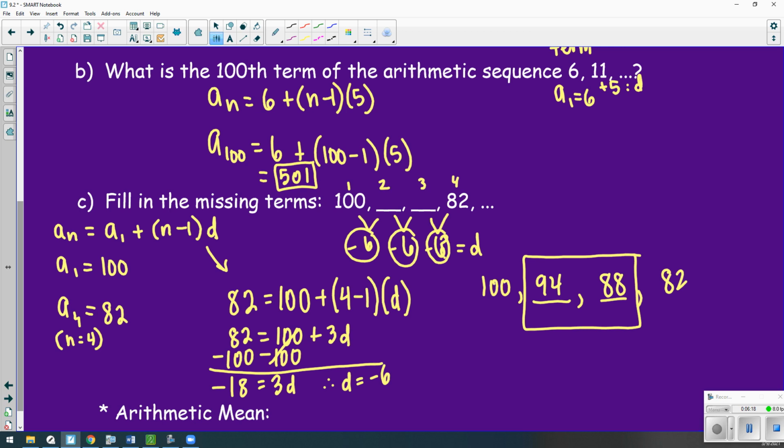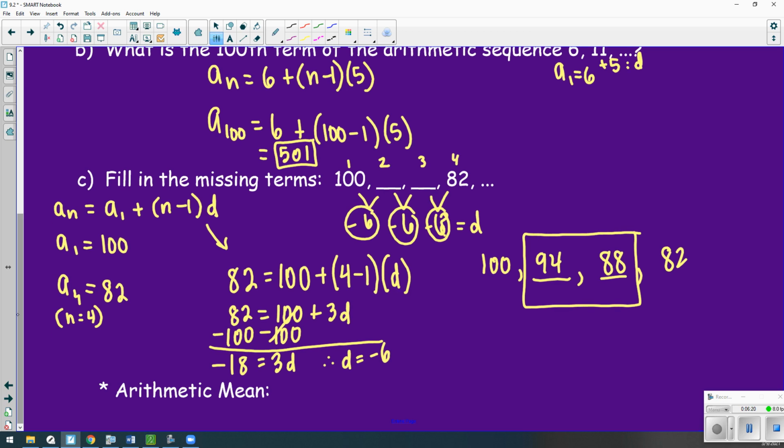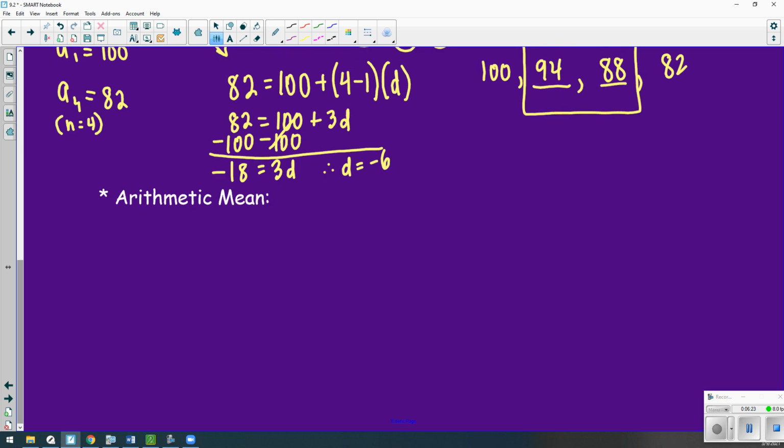All right, last thing I want you to put in your notes for future reference, arithmetic mean. The arithmetic mean, or arithmetic mean, is sometimes pronounced differently, I think depending on what part of the United States you're in.